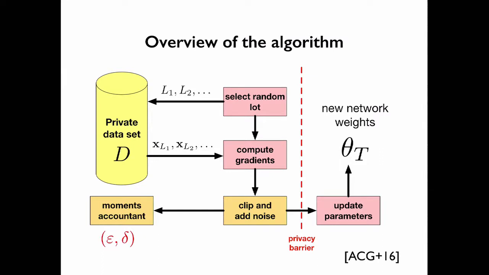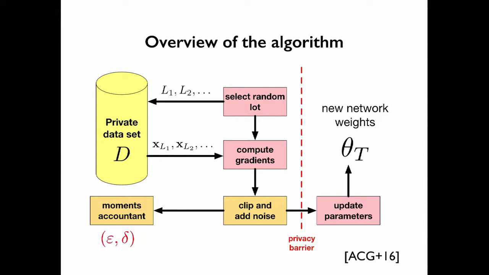These gradients are then made differentially private by clipping and then adding noise. Right? And then the differentially private gradients are sent across the privacy barrier, where they are used to update the parameters of the network, right? So the network starts with some weights, and then you use the private data to get these differentially private gradients, and these gradients are used to update the weights of the network.